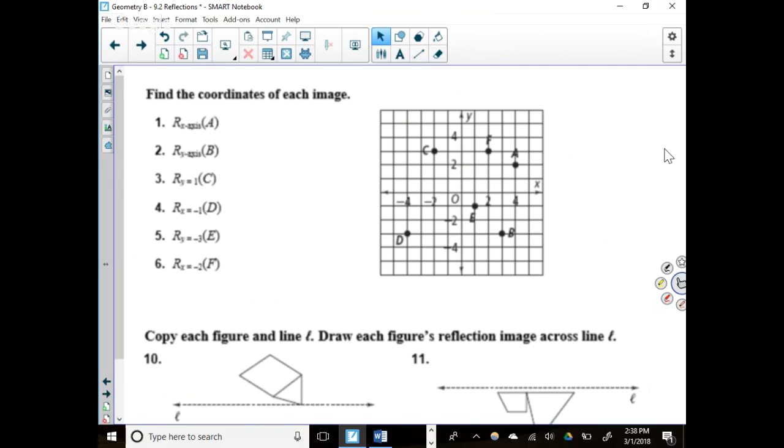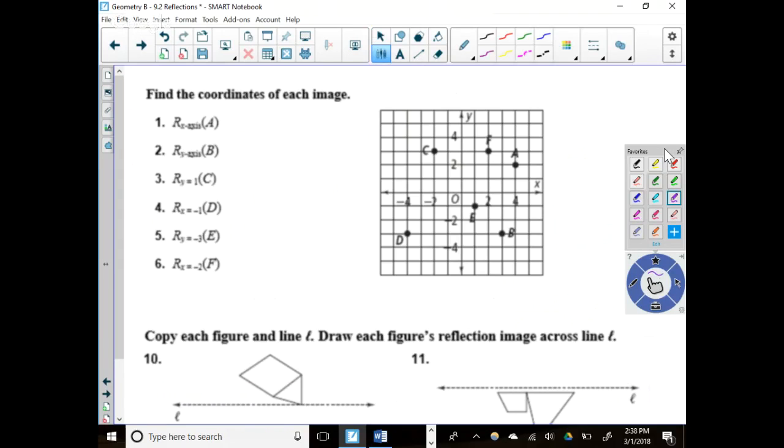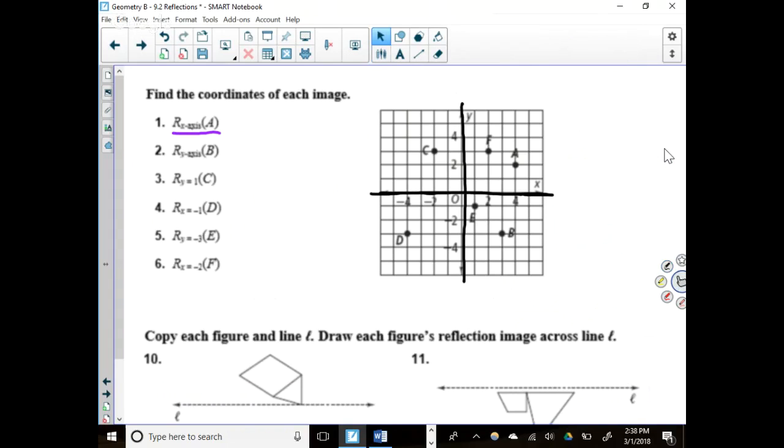We are going to start with point A. You might want to thicken the x and y axes, since they aren't very prominent, so you can see them easier.